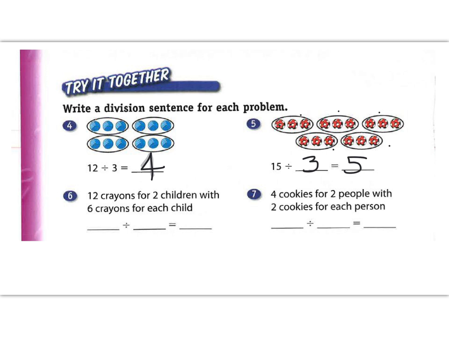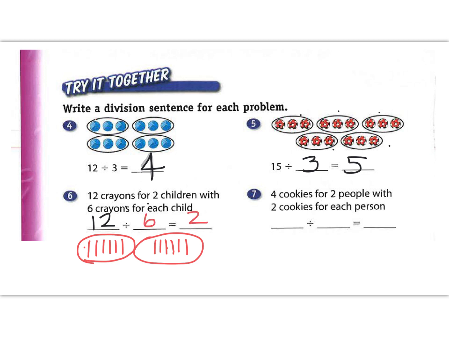Number 6 says 12 crayons for 2 children with 6 crayons for each child. So we're going to start with 12, and we can quickly draw a picture. If we have 2 children and each child gets 6 crayons, we're going to divide it by 6. And then there are 2 groups.